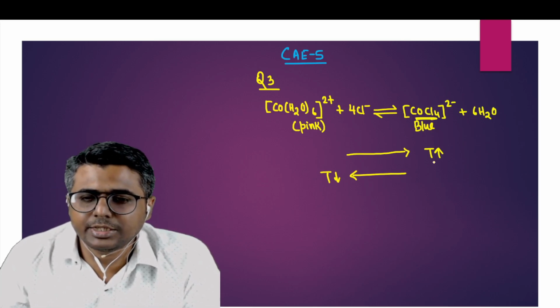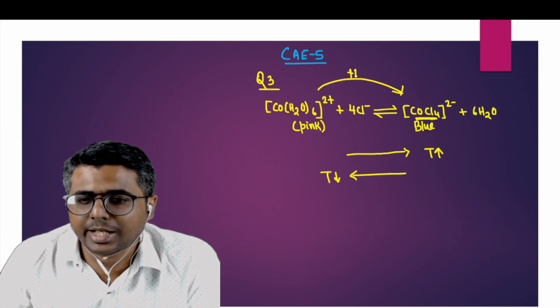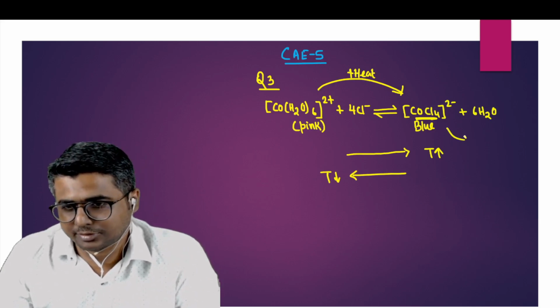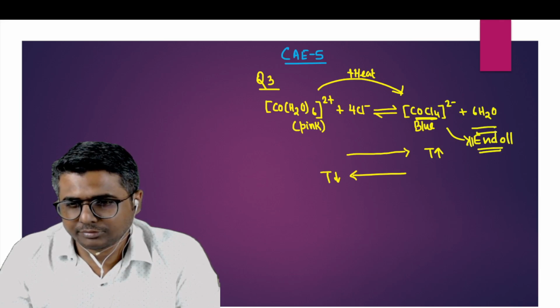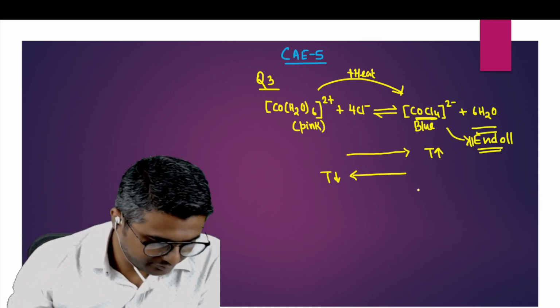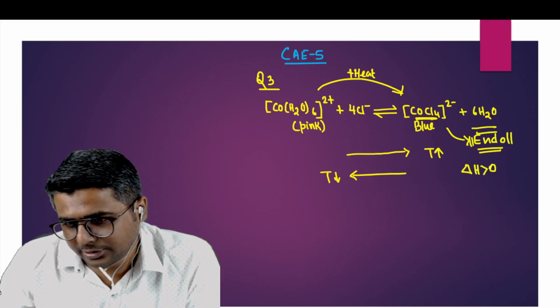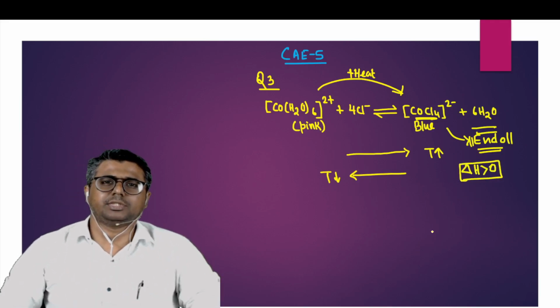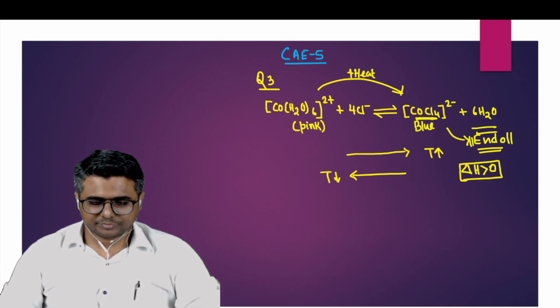So definitely the forward reaction happens with addition of heat. So this is an endothermic reaction in case of the forward reaction. Endothermic reaction means del H will be more than 0. So I hope this is clear.